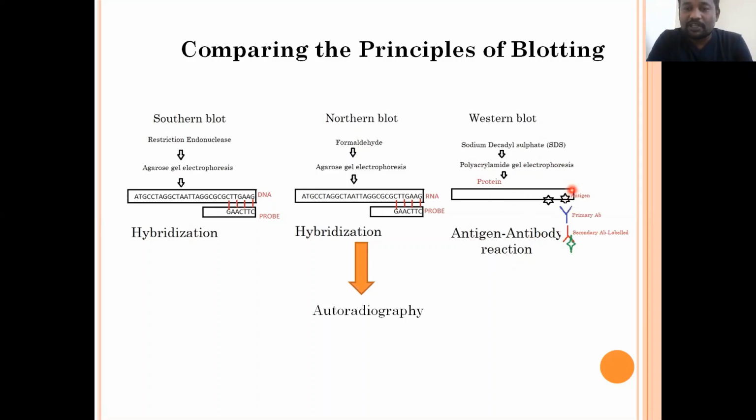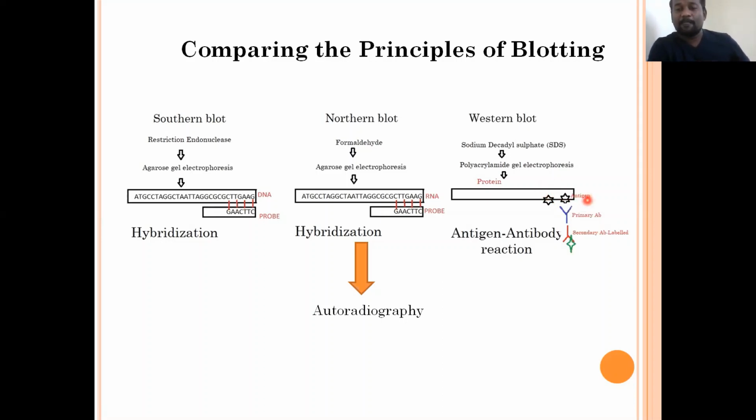So you know the proteins are the antigens, right? Or antigens are the proteins. So we are going to use antibodies which are specific to the protein of interest that we are going to detect.